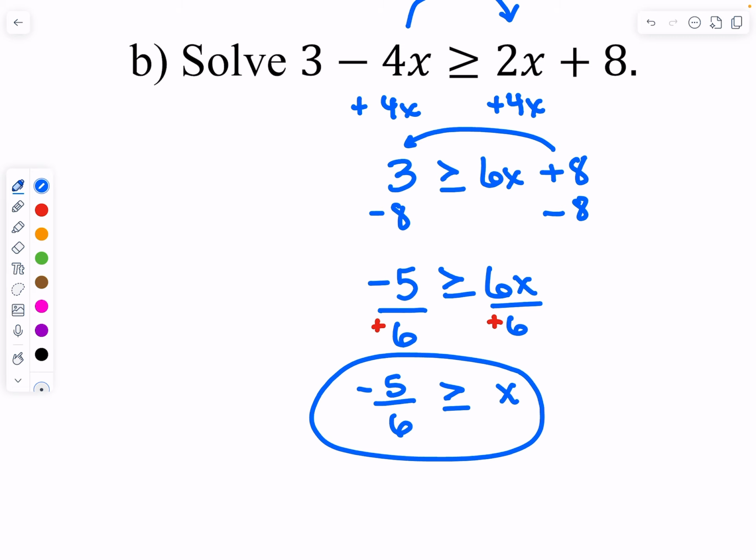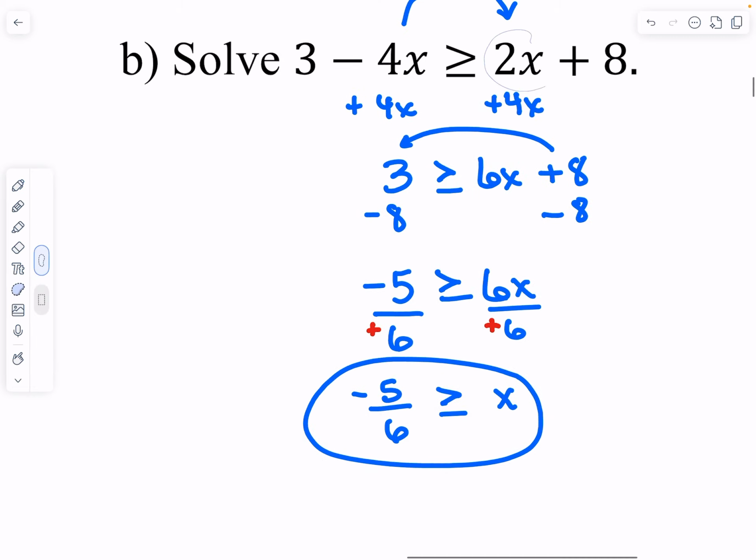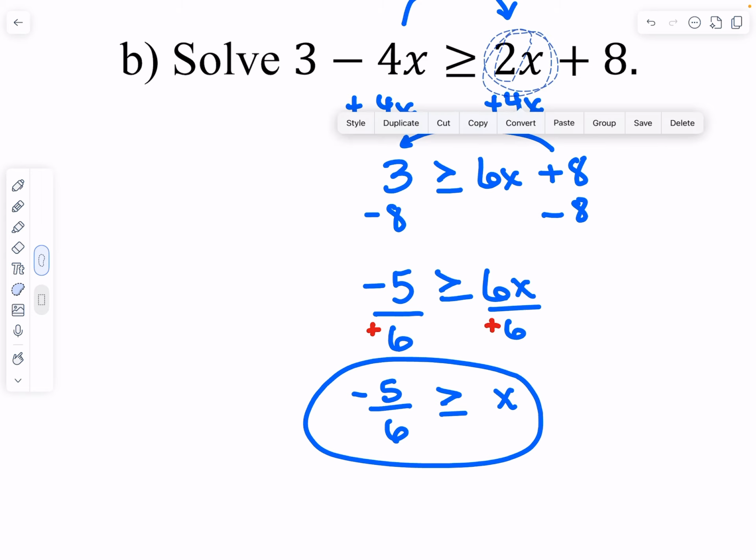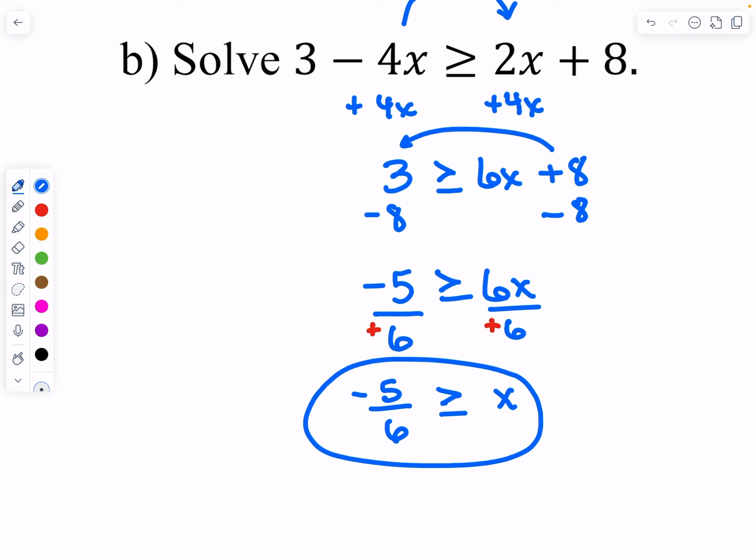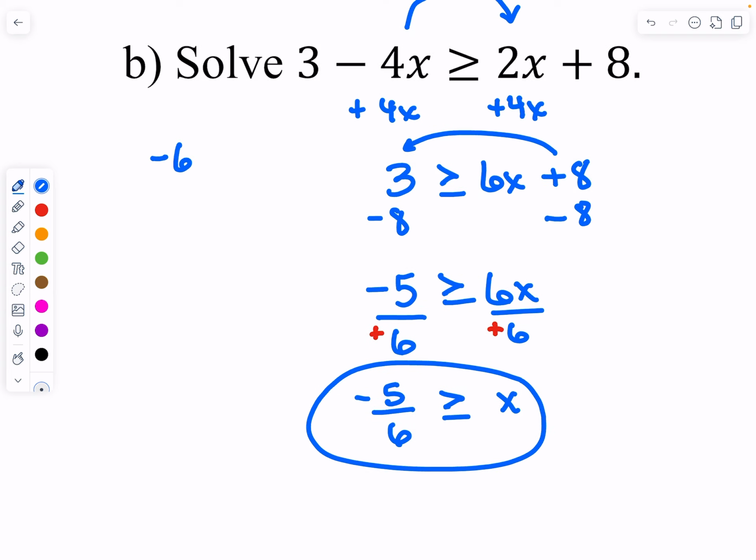Okay, now some of you guys might always like for your x's to be on the left when you solve it. And if you had solved it that way, if you had subtracted 2x instead of adding 4x, you would have wound up with -6x on this side, greater than or equal to 5 on that side.